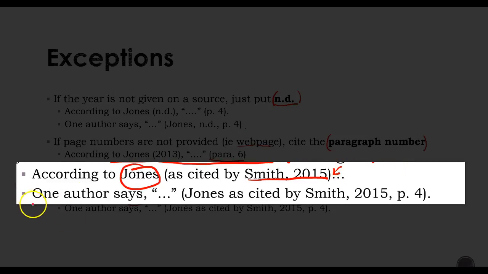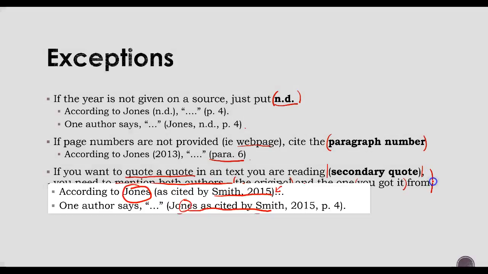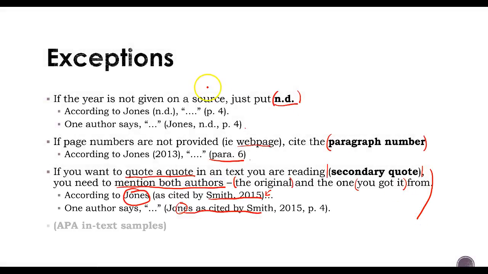Here's another example. One author says, and then at the end we'd say Jones, as cited by Smith, 2015, page 4. And that indicates that Jones said something that Smith quoted, and we're quoting that as well. So that's probably the craziest of all the citations, but it's a good one to know.